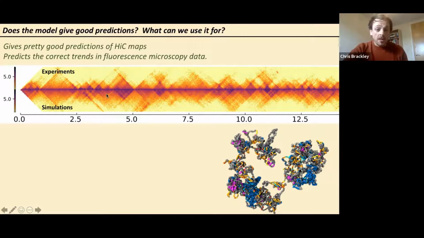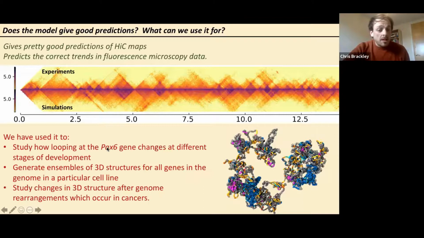It's not perfect, but we get a pretty good prediction of where the domains are. We've done a bit more work quantitatively to try and understand how good the prediction is. But given how simple the model is, we think it's a pretty good prediction, which can give us some insight into what's driving these 3D structures.